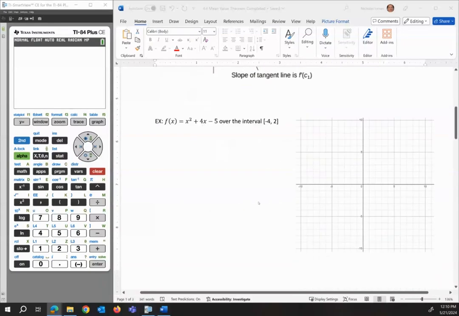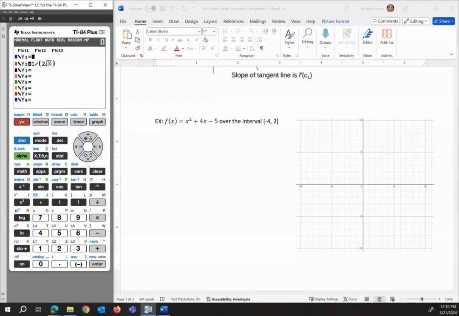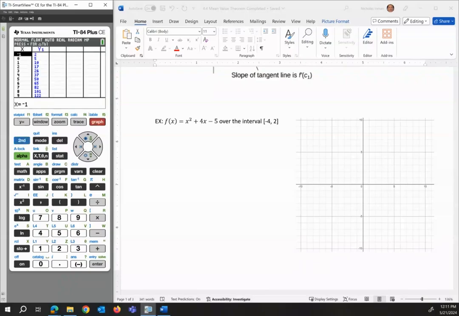So let's see if we can put this together. Let's say we have f of x equals x squared plus 4x minus 5 over this interval. Let's give it a graph. We just care about the interval from -4 to 2.